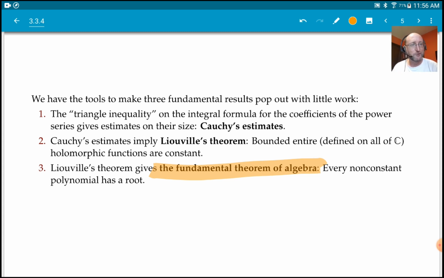This is a sport of some people, to try to find different proofs of this. A lot of them are actually kind of the same. So there's a few different proofs. This is the complex analysis one, right? And it's actually, once we have the tools, fairly quick, right? So, all right.